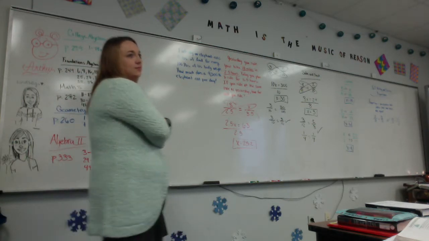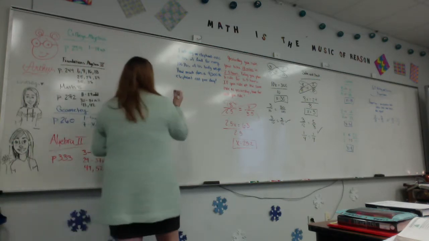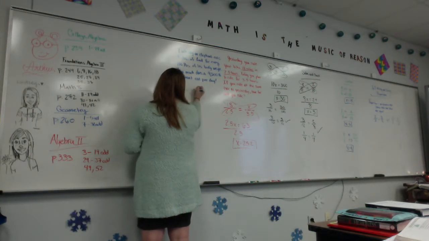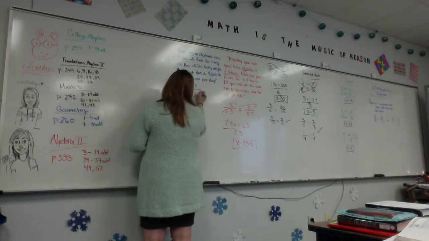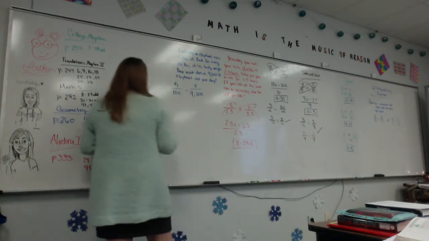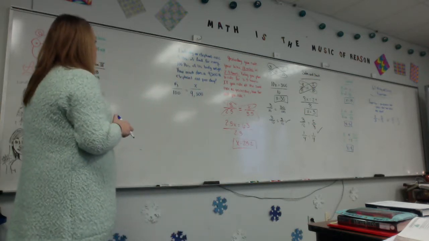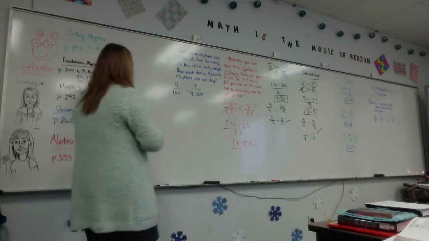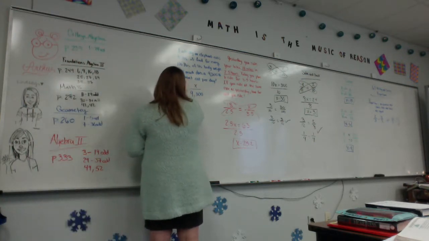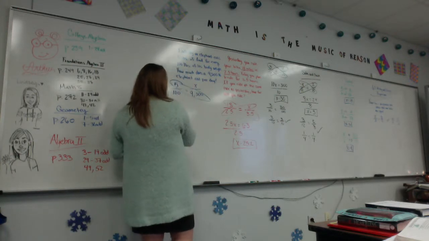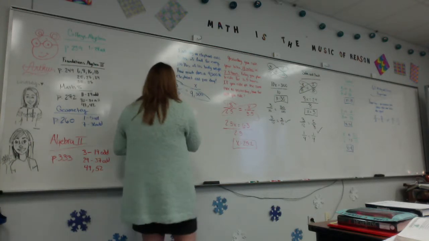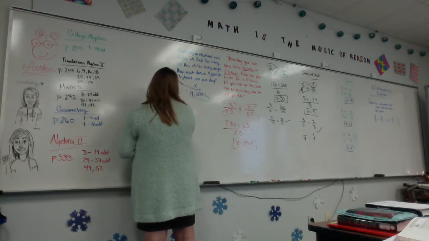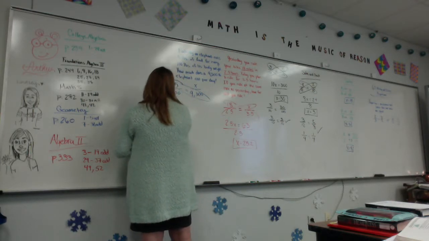You're going to get 5 over 100, x over 9,300. Beautiful, I love it. 5 over 100 to represent 5 pounds per every 100, and then x over 9,300. So I'm going to cross multiply again. What's 5 times 9,300? That's hard. 46,500.